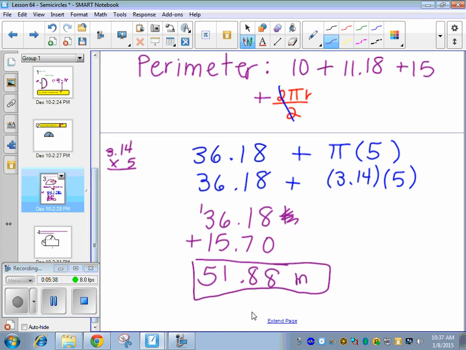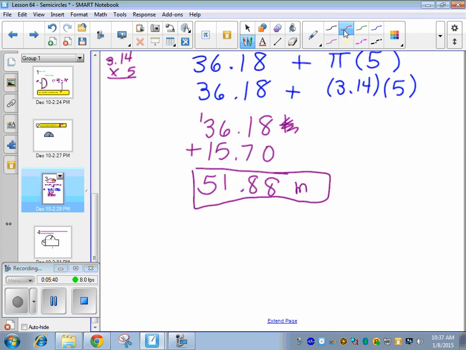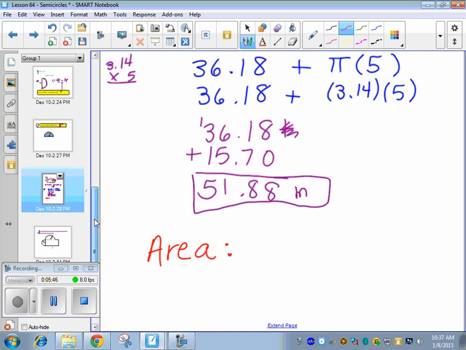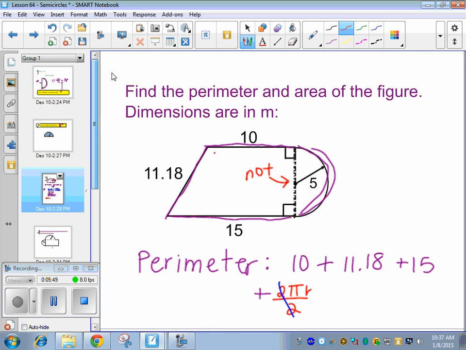Okay, now we have to do that same thing, only area. All right, so we've got a trapezoid and we've got a half of a circle. Do you guys remember the formula for trapezoid if you want to use that formula?